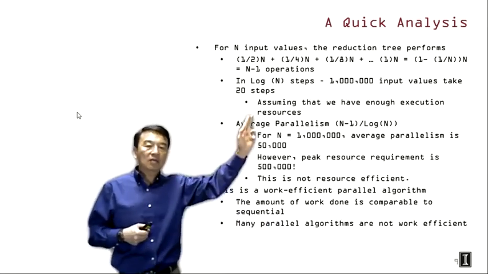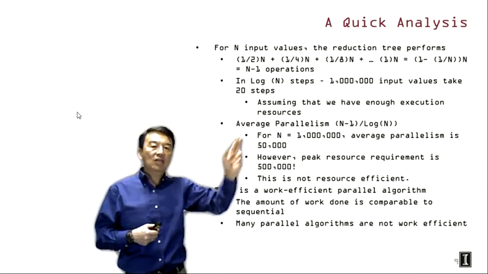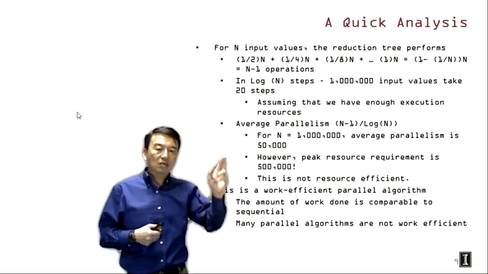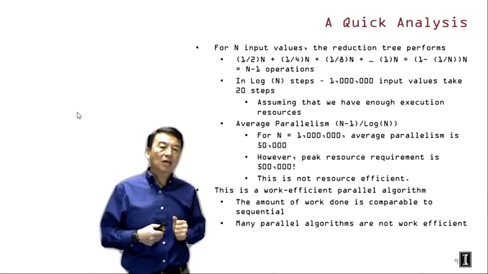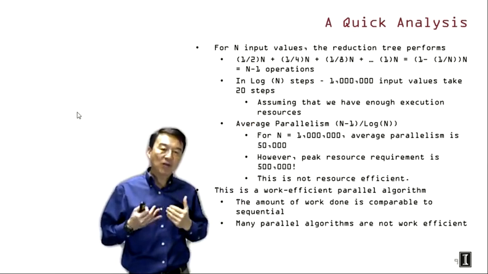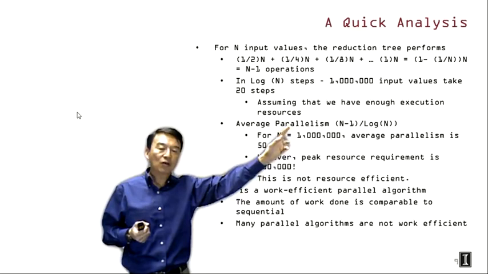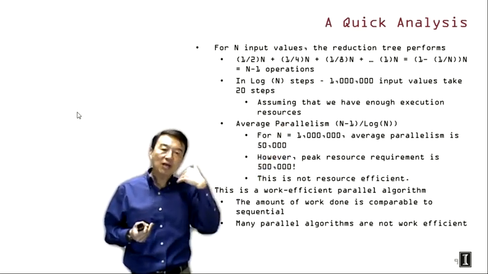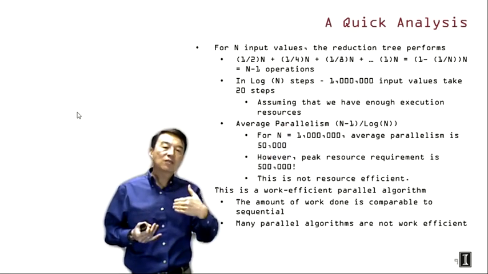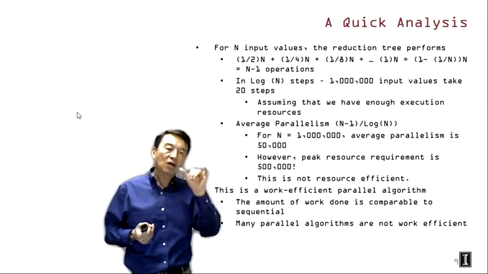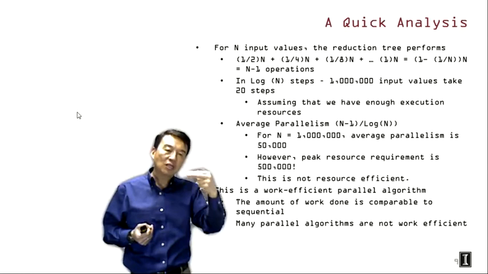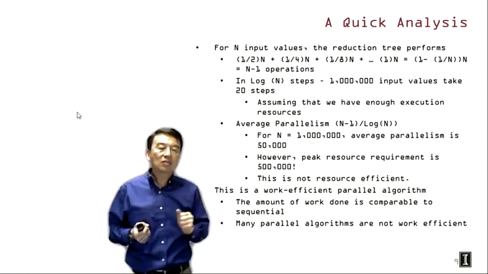And then we need to assume that we have enough execution resources. And when we calculate the amount of average parallelism that we can get out of this, we take the total number of operations we need to perform, which is n-1, and we divide it by the number of steps. So it gives us the average number of parallel operations at each step, and the number of steps is log n.